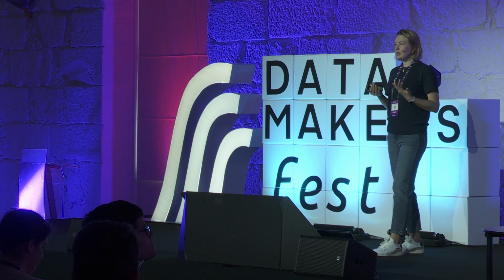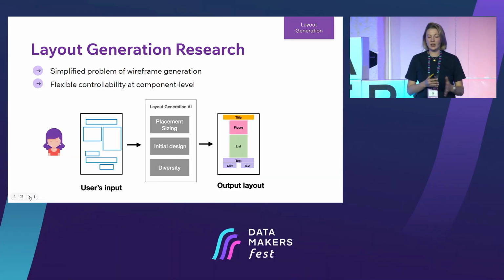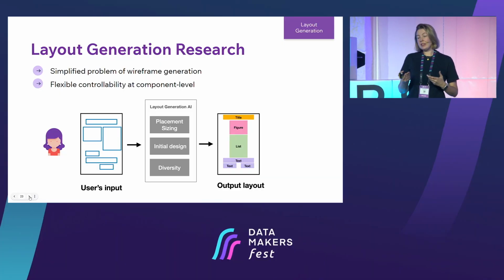And we think of that as our initial setup. So it's a wireframe with different elements. And then we are trying to narrow down the problem. Let's decide the problem of placement and sizing. Let's decide the problem of initial design. Let's decide the problem of diversity. So basically, that's how research is currently approaching the layout generation problem.